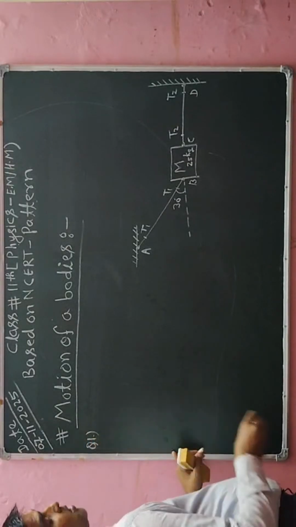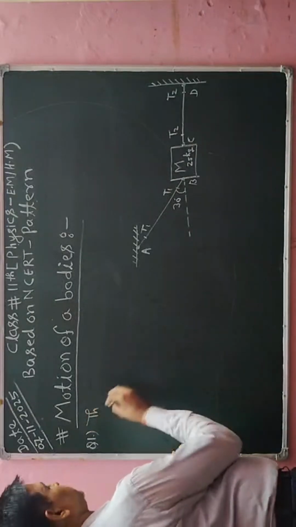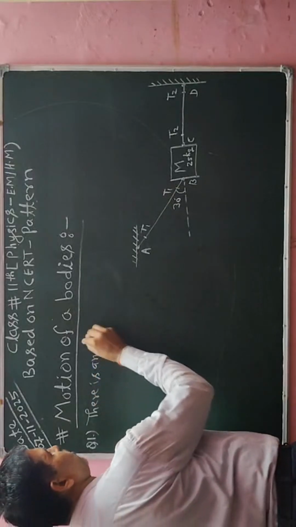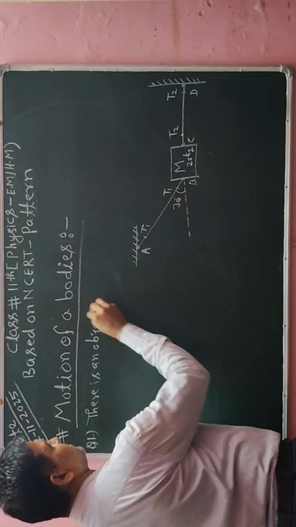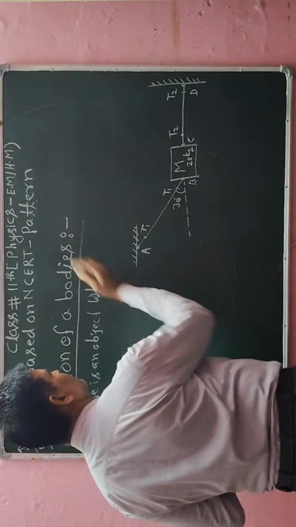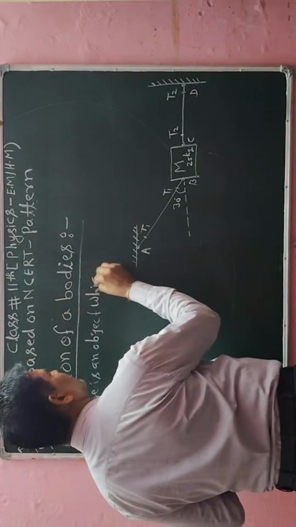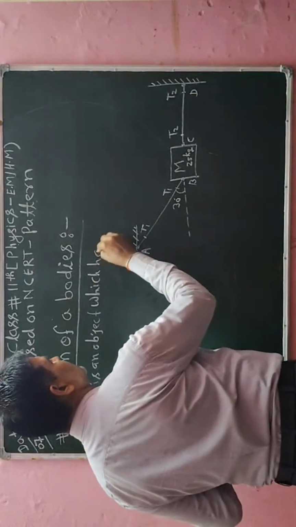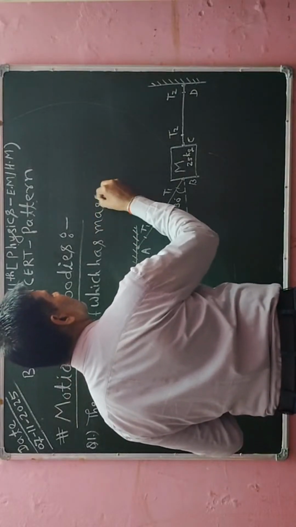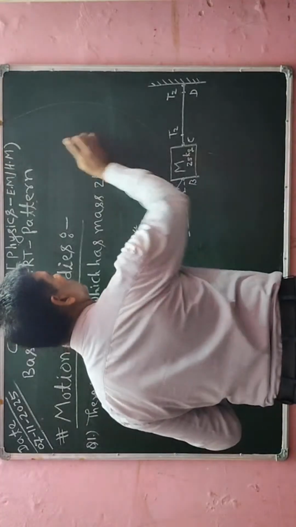Question 1. There is an object which has mass 25 kg as shown in the diagram.